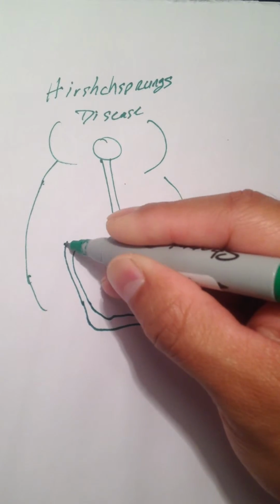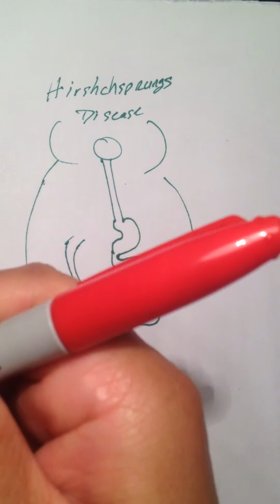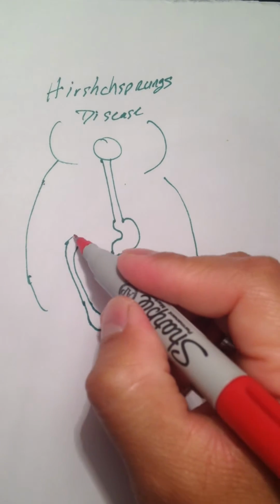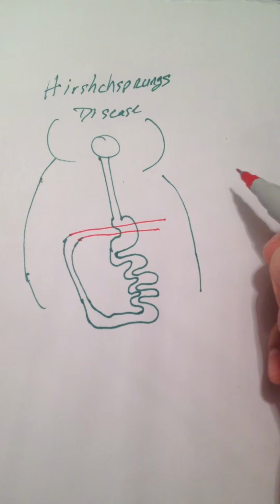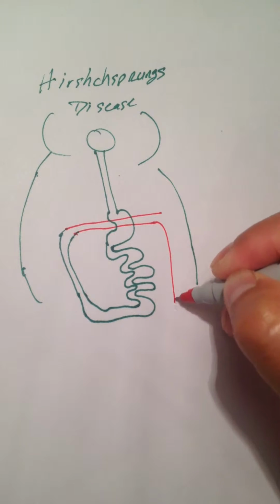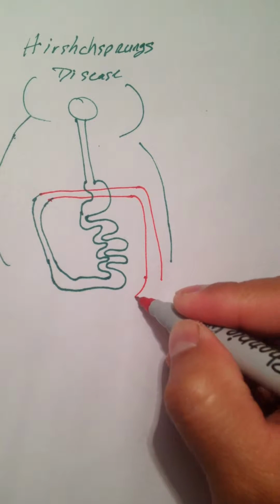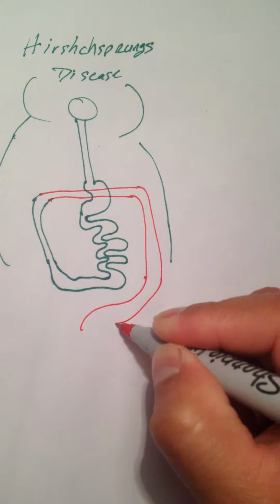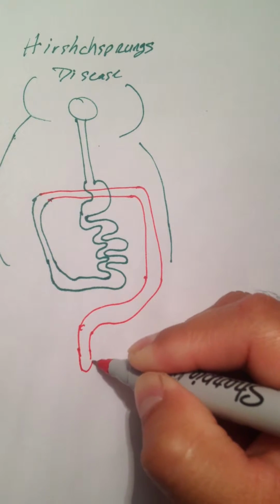The ascending colon, if you remember your anatomy, and we're going to turn into the transverse colon, then the descending colon, sigmoid, and rectum. Right?